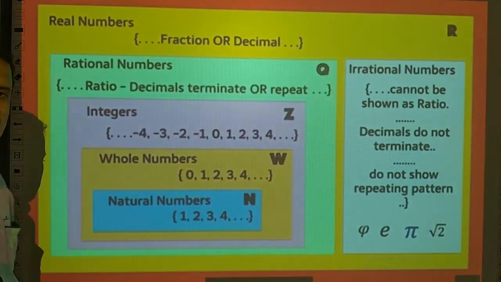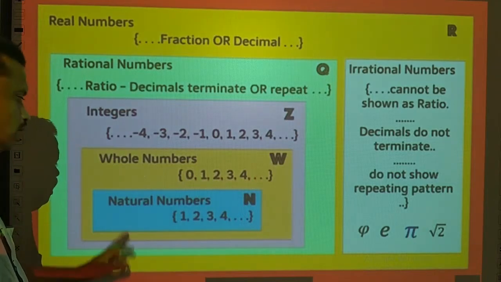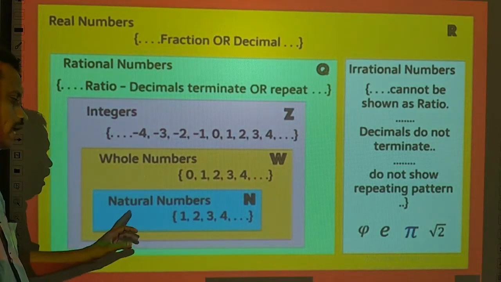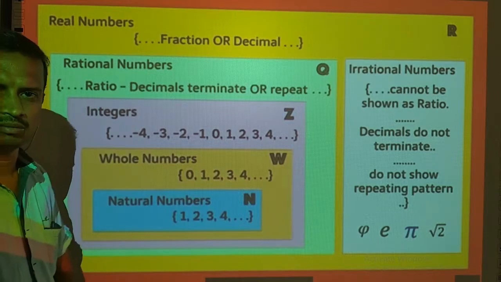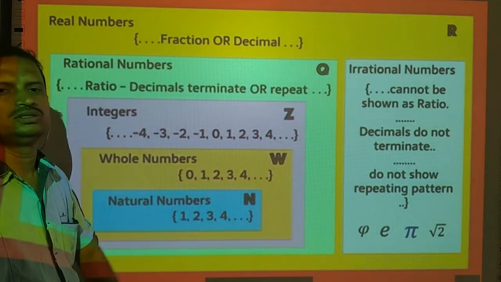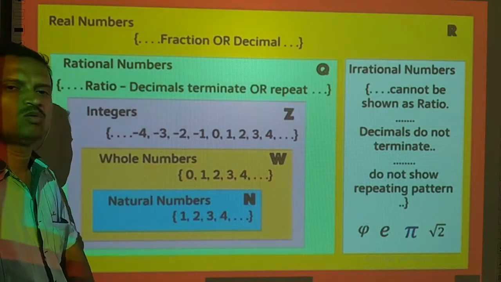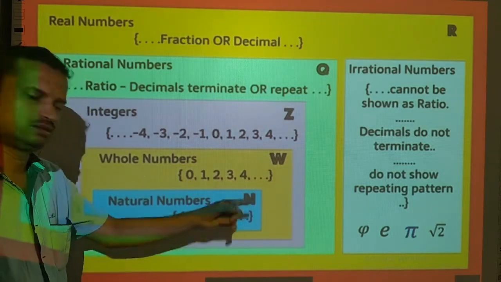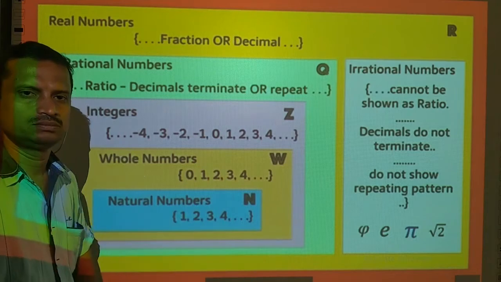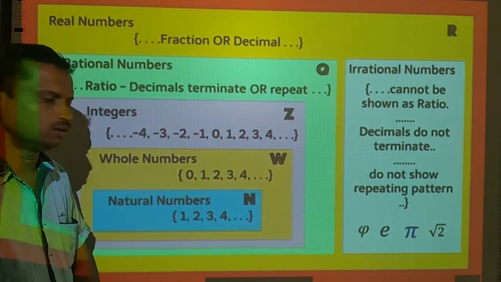Now, just recall what is a natural number. Natural numbers are nothing but counting numbers, denoted by the capital letter N, starting from 1, 2, 3 and going on.